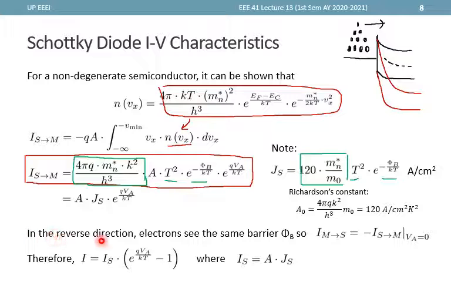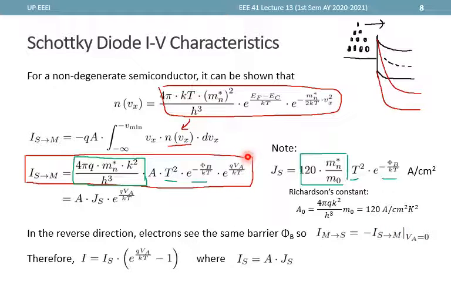Now note that in the reverse direction, the electrons see the same barrier phi B from metal to semiconductor, and therefore changing the bias will not affect this current from metal to semiconductor. And that must be exactly equal to the current from the semiconductor to metal at VA equal to 0 to reach thermal equilibrium.